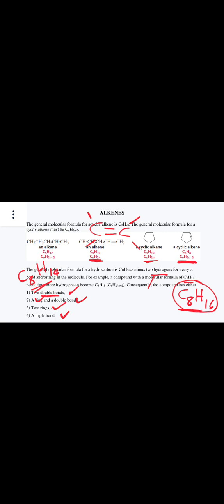Now, those isomers that come out of it are what we call structural isomers, meaning they differ in their structure. I've given you a few examples there.